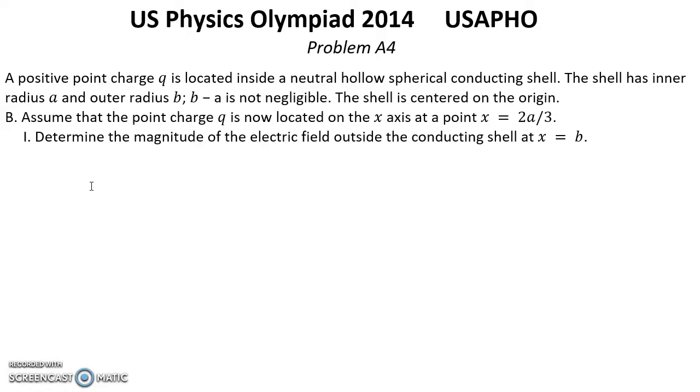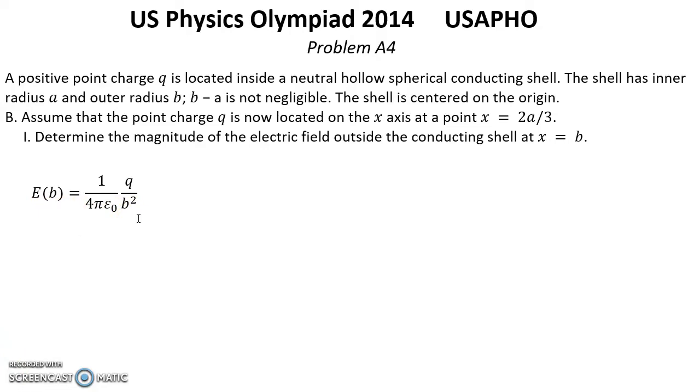After that, the charge on the outside surface will be distributed uniformly due to the same Gauss's law argument, and we have the same answer as for part A, question 1. So that will be the answer for question 1.